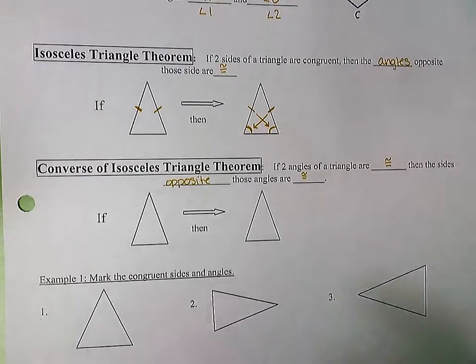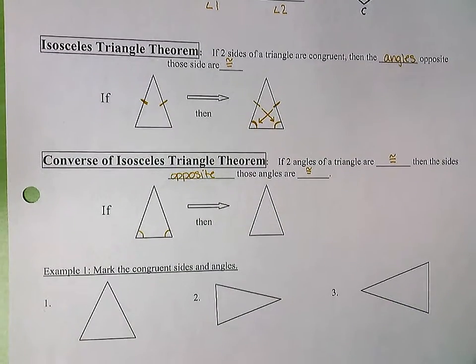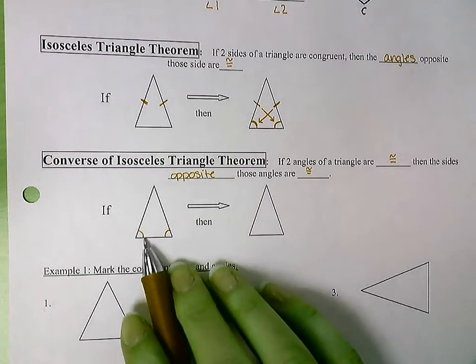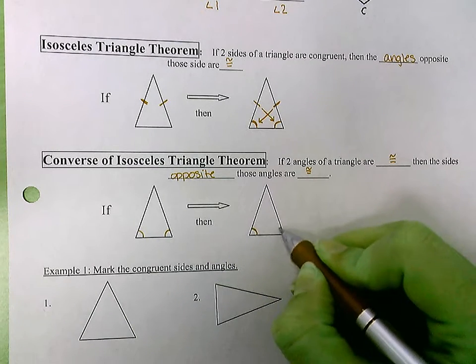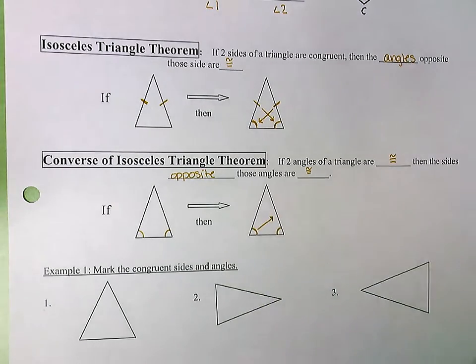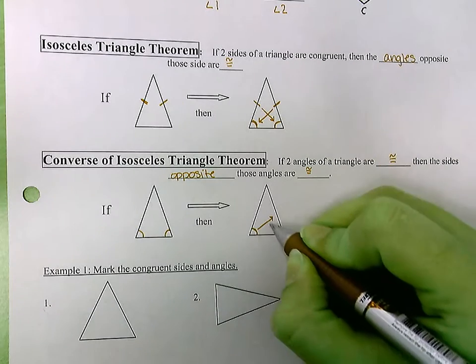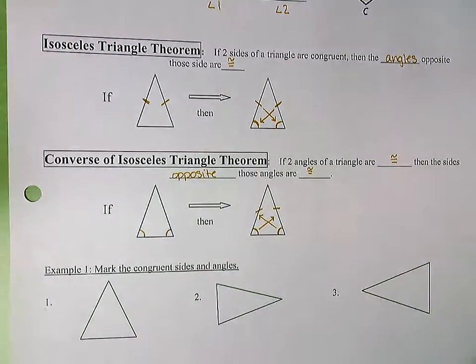If I know these two base angles are congruent to each other, then since those angles are congruent, I can go to the side opposite both of those angles, and those two would be congruent as well. Any questions so far?